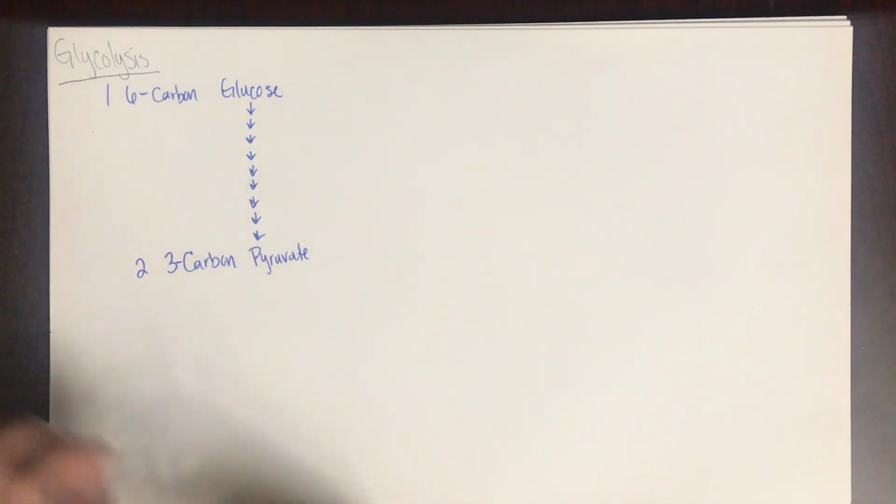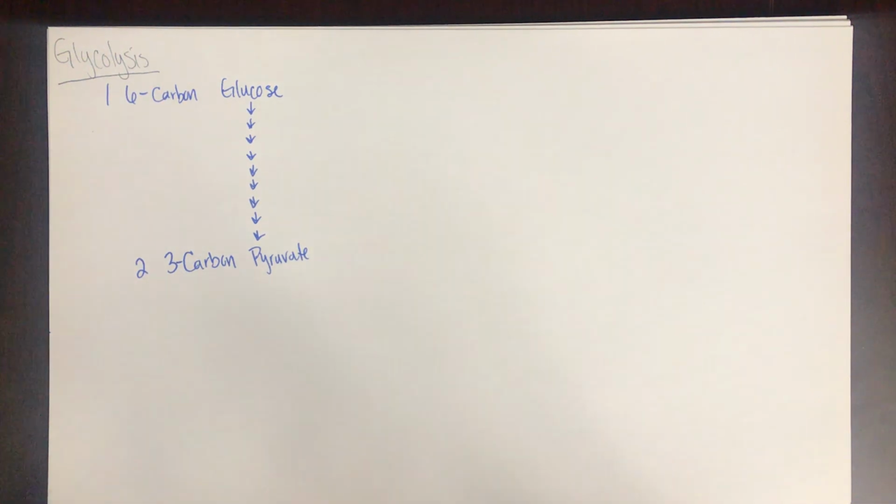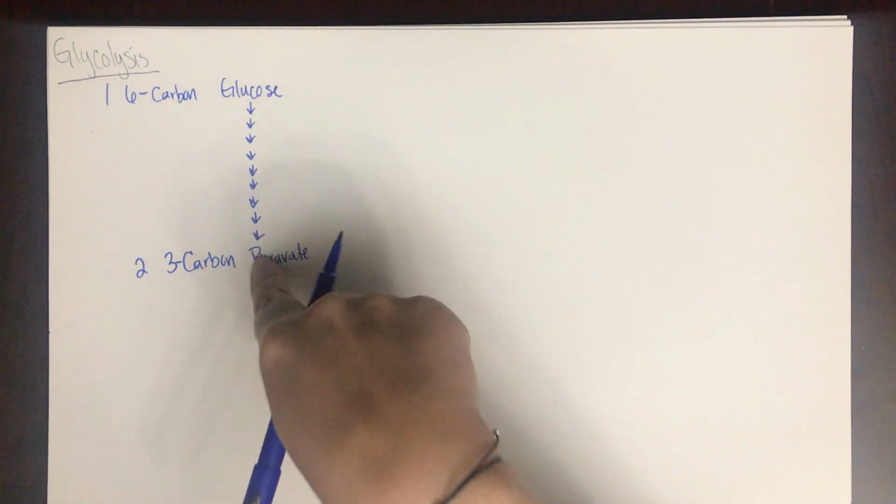So we have one 6-carbon glucose, and we're going to break it apart into 2 3-carbon pyruvates. So you know this is catabolic because you're going from 1 bigger molecule to 2 smaller molecules.